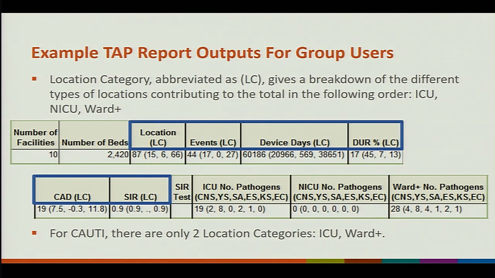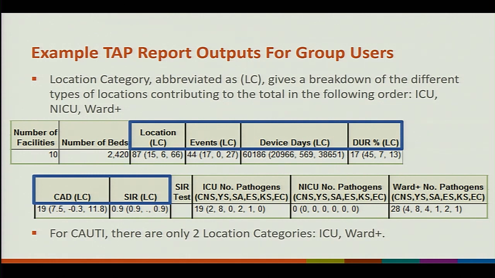For example, for our events, we have 44 cumulative events. 17 of those events are coming from ICU locations, 0 from NICU, and 27 are coming from ward locations. Okay, I don't have that memorized.